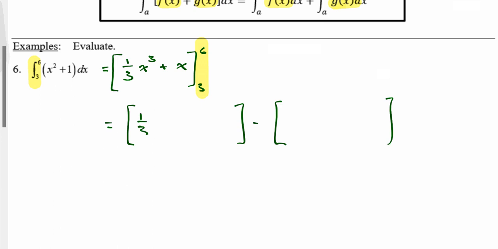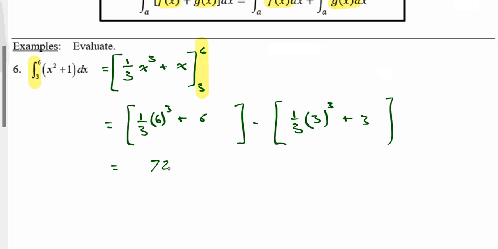So we'll have 1/3 times 6 cubed plus 6, minus 1/3 times 3 cubed plus 3. And we just evaluate. So 6 cubed, 216, divided by 3, 72. I think it's 72.